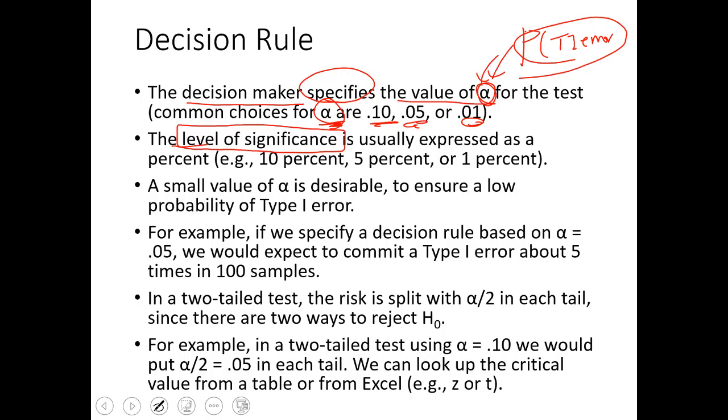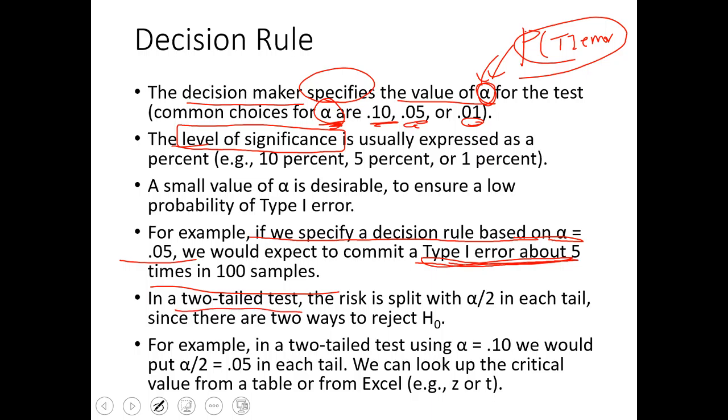So if we specify the decision rule with alpha at 5%, that means we may have a type 1 error about 5 times in 100 samples. Okay?